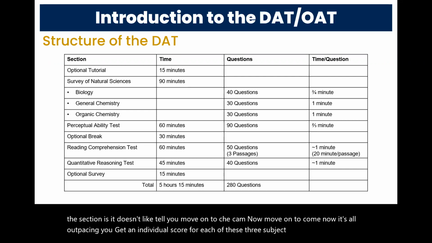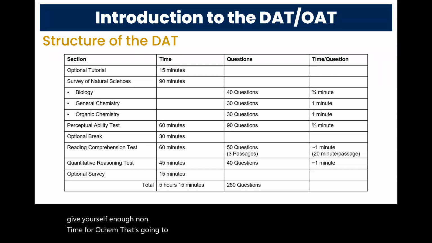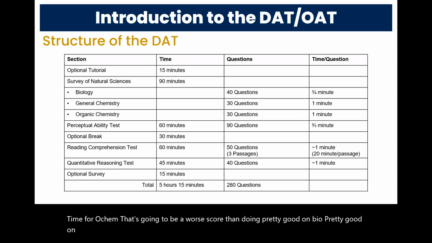So if you get your score and it's high for bio, high for GChem, but really low for OChem because you didn't give yourself enough time for OChem, that's going to be a worse score than doing pretty good on bio, pretty good on GChem, pretty good on OChem, because all 3 of the scores count and they get averaged together. So pacing is crucial in this portion of the test.